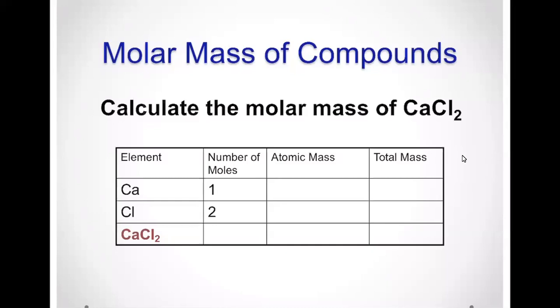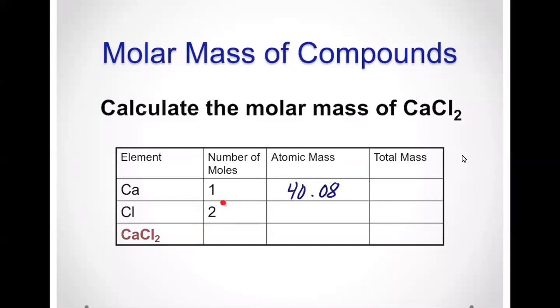So in calcium chloride, we have 1 calcium. So you would look at the periodic table and you would find its relative atomic mass is 40.08. And we have 1. So there's only 1 calcium in calcium chloride, but there are 2 chlorines.